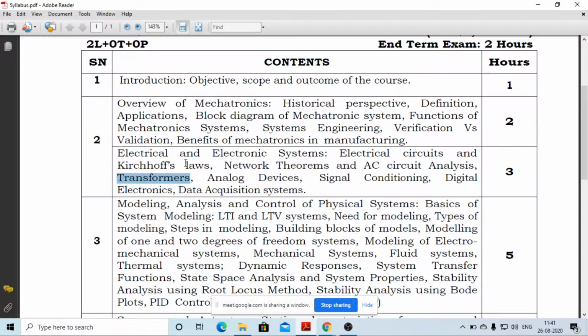Today's target is to cover transformers, analog devices, signal conditioning circuits, and then DAS, that is, data acquisition systems. In the next class, I will give you a brief lecture on digital electronics, but I hope you are all at least well aware of digital electronics.